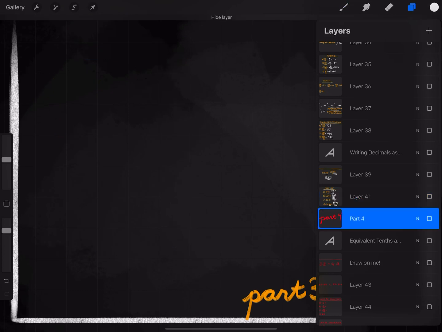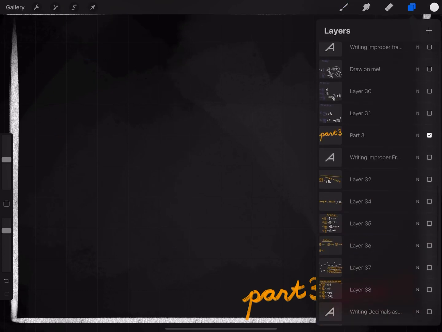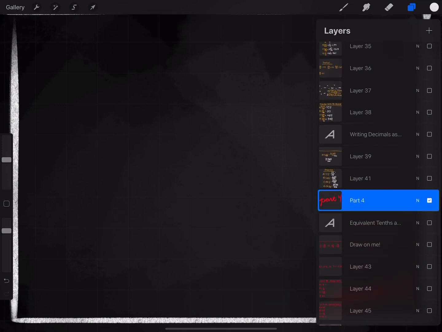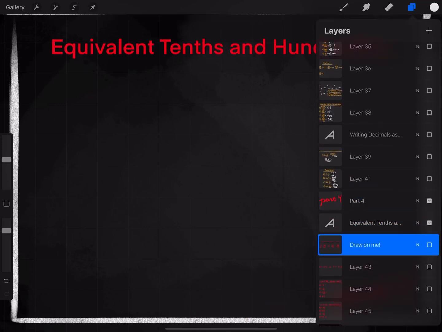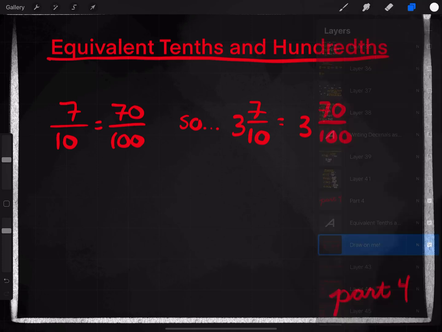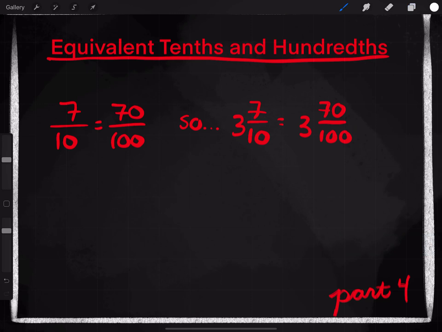All right, here is our last part. Can get it set up. This is just showing how you could convert tenths into an equivalent amount of hundredths. So this part should be reviewed.